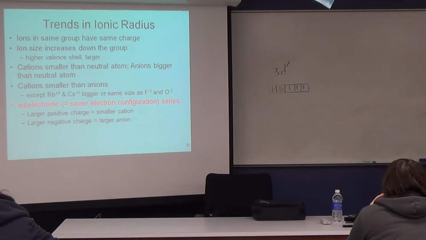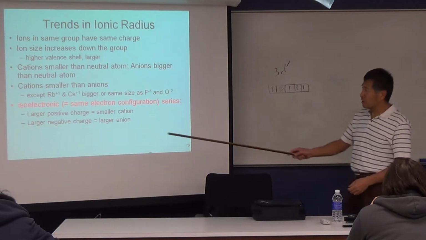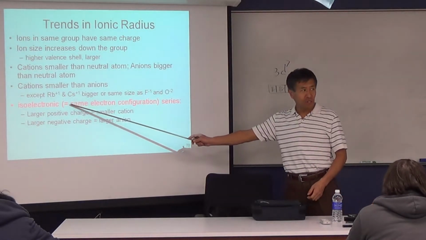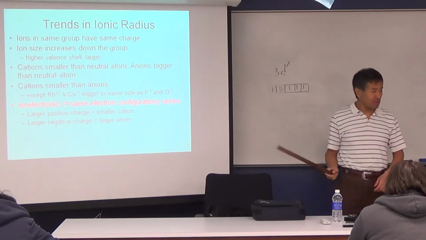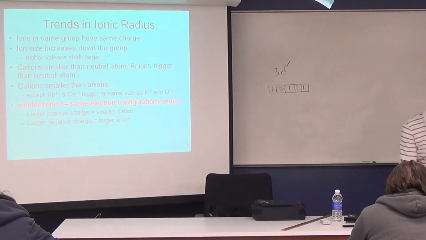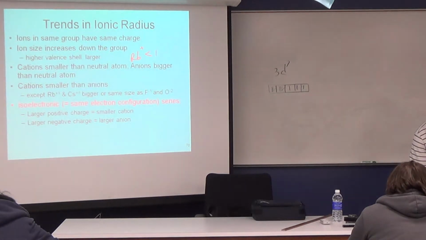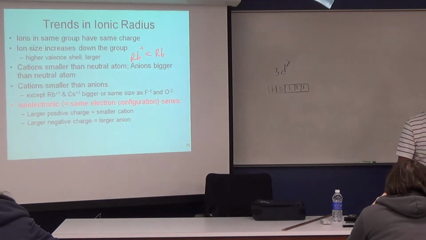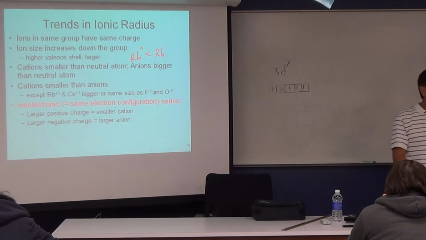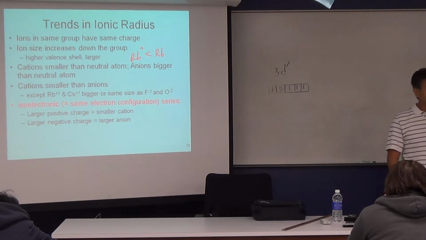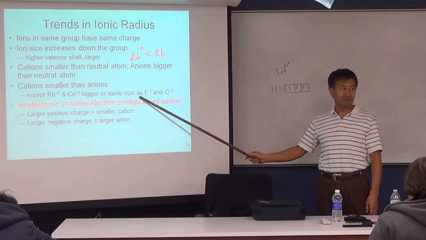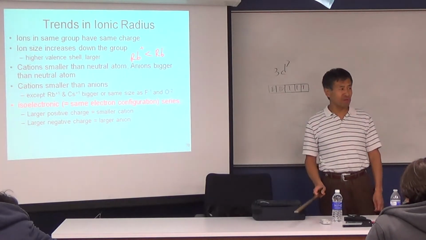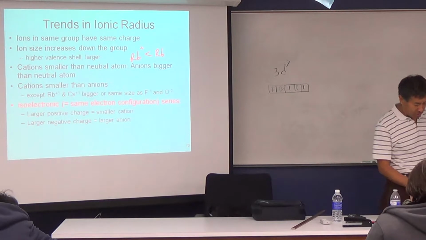You can see these few cations, like rubidium and cesium. Take the electron away and Rb plus is smaller than the Rb atom. But because Rb starts from something so big, it is still bigger than those starting from something small, even though it becomes smaller than its neutral atom.